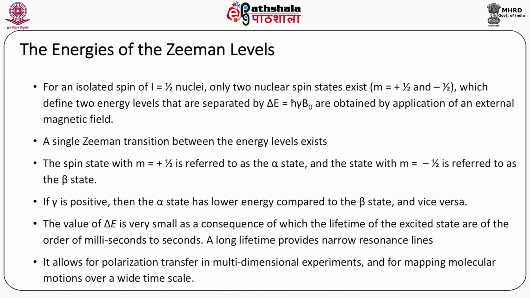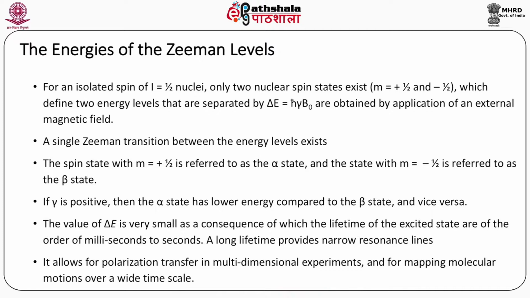The energies of the Zeeman level. For an isolated spin of I is equal to half nuclei, only two nuclear spin states exist, m is equal to plus half and minus half, which define two energy levels that are separated by delta E is equal to h cross gamma B0. These levels are obtained by application of an external magnetic field.